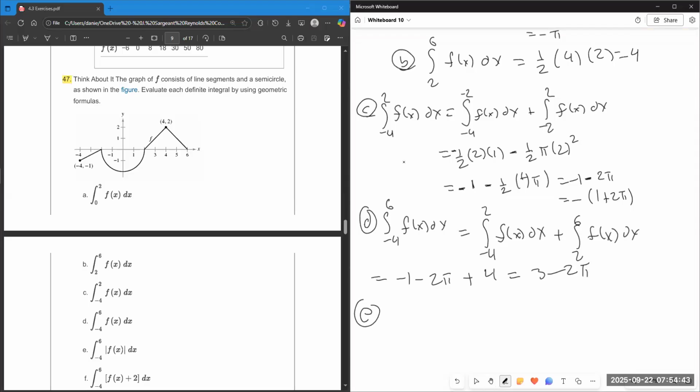And E changes that up a little bit and says -4 to 6 of the absolute value of f of x dx.